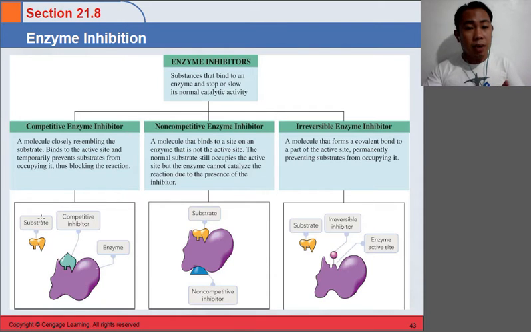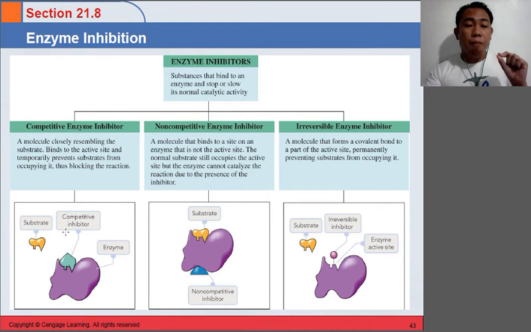Okay, this is a substrate here, and we have the competitive inhibitor. They are the same in shape as the substrate. That's why it competes with the substrate. Binding of this competitive inhibitor to the active site of the enzyme will temporarily prevent the substrate from occupying it, thus blocking the reaction of the enzyme.